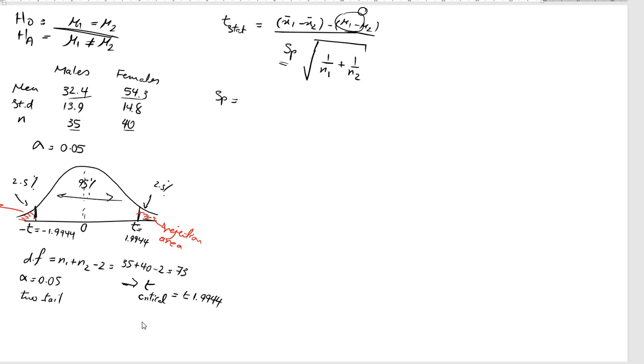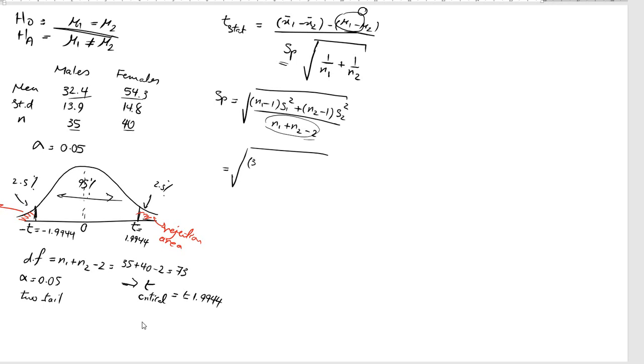Sp is the square root of n1 minus 1 times s1 squared plus n2 minus 1 times s2 squared over n1 plus n2 minus 2. If you're not remembering what the degrees of freedom was, you can always look at the denominator of Sp, the pooled standard deviation, and you can actually find the formula for degrees of freedom. So if I plug in the values, I have everything here.